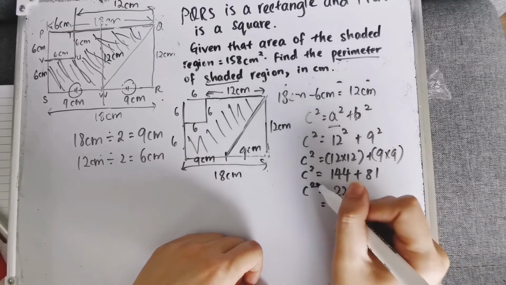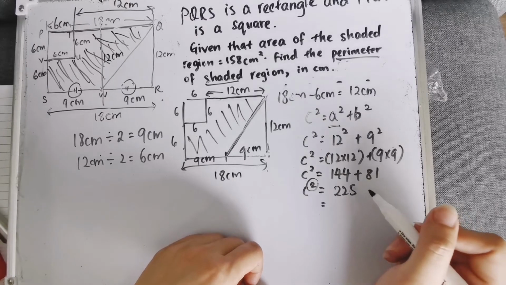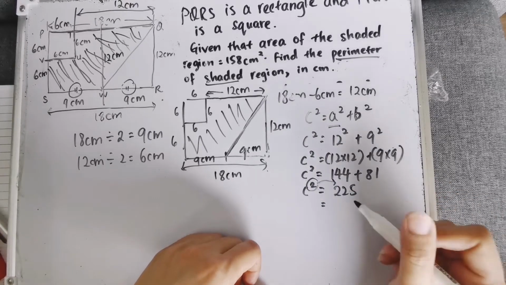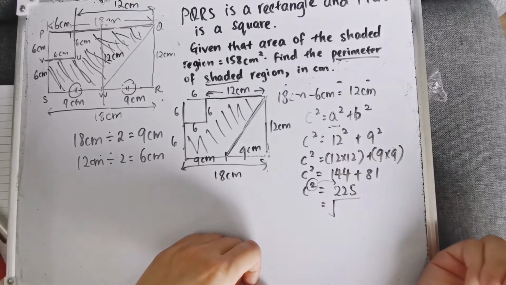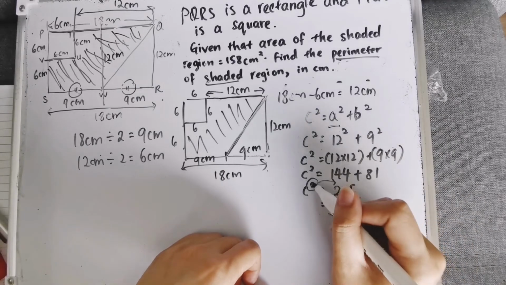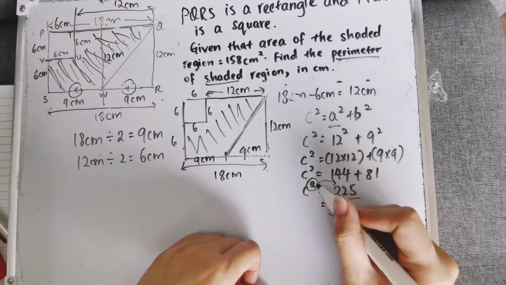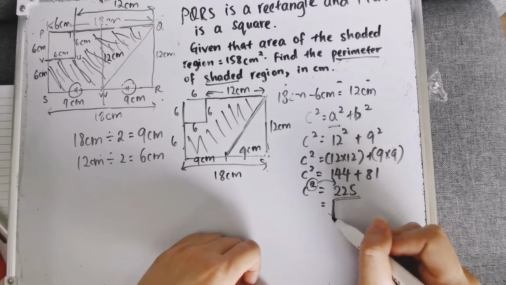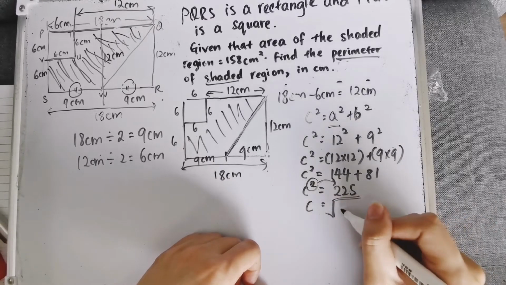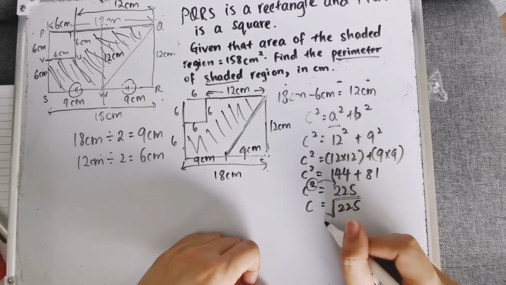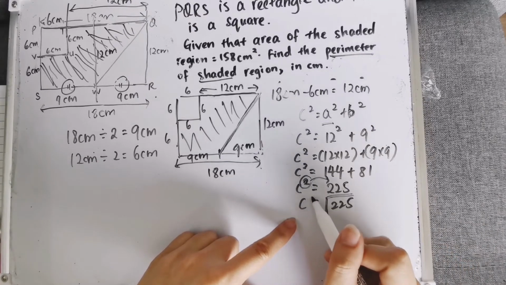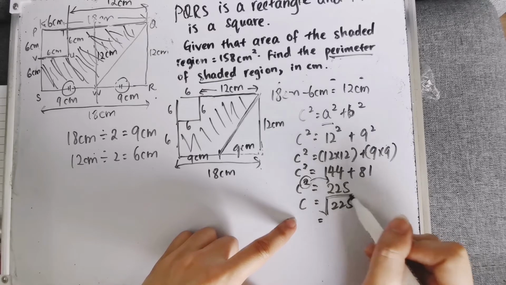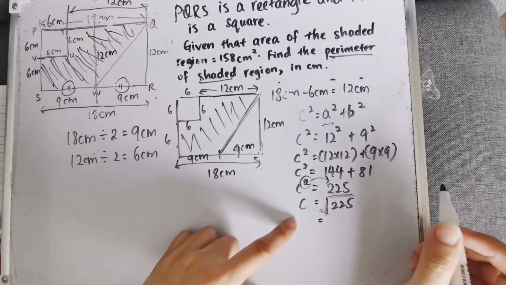So again, the power 2, or the square, we bring to the opposite side, it becomes square root. So square root of 225. Okay, we no longer have to write the power 2 because it has already become the square root.